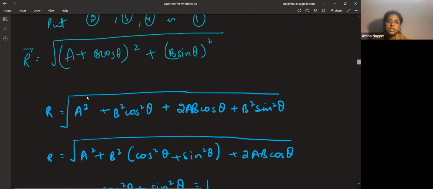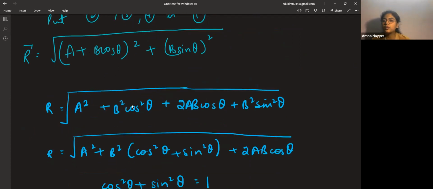Now look, this becomes A square plus B square cos square theta plus 2AB cos theta. I have just used the identity (A plus B) whole square is equal to A square plus B square plus 2AB. So same thing here, A square plus B square cos square theta plus 2AB cos theta, because cos theta is present.